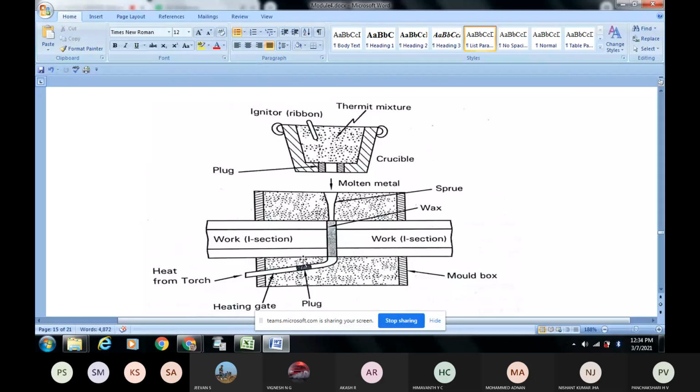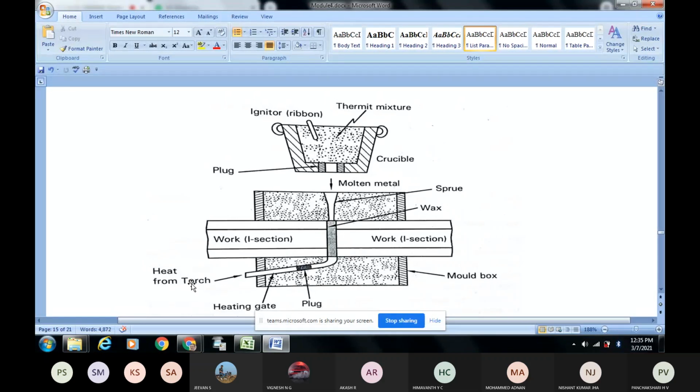Then the gap between the metal is filled with wax, and then it is completely packed with the molding sand. Provision is given for the gap, runner, riser, everything. You can see the sprue here, through which the molten metal can be poured. When we pour the molten metal, it comes to this part, the wax is there, that wax will be melted and then go out.